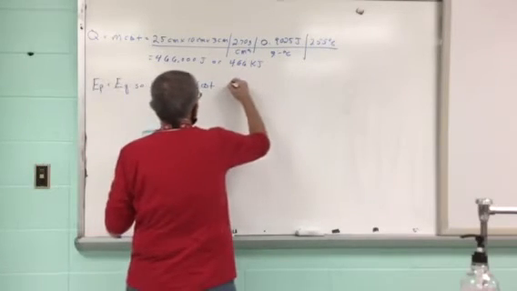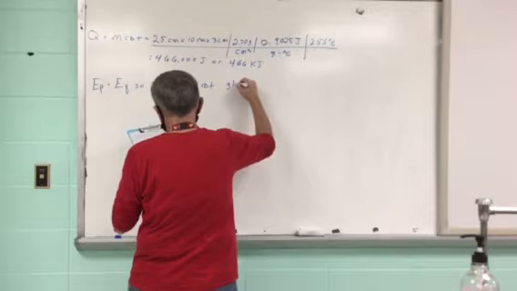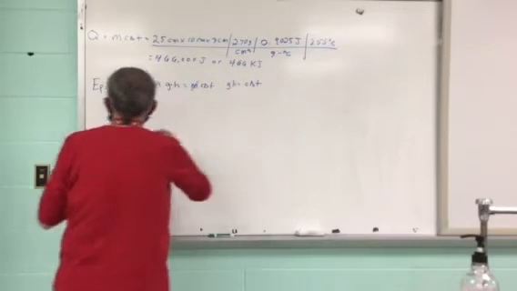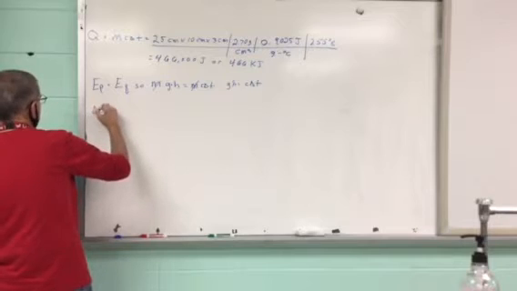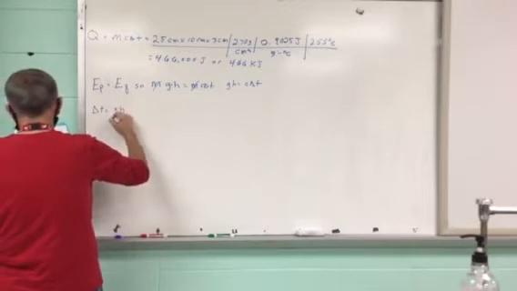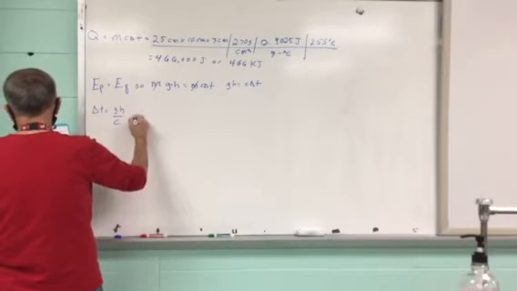So we can say then that gh equals C delta T. We're solving for delta T, so delta T equals gh over C.